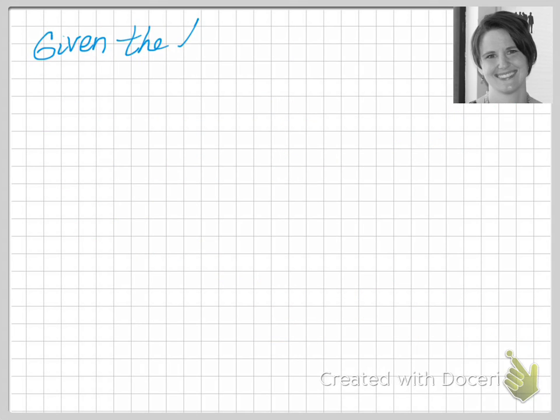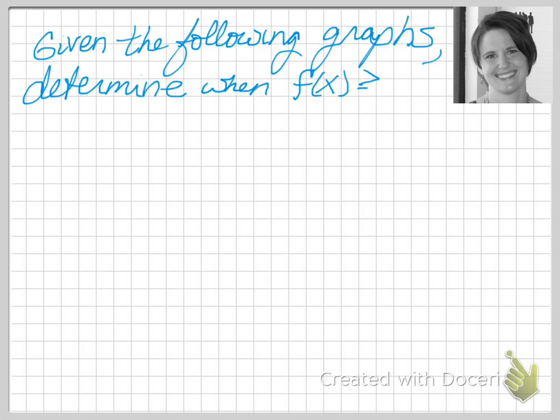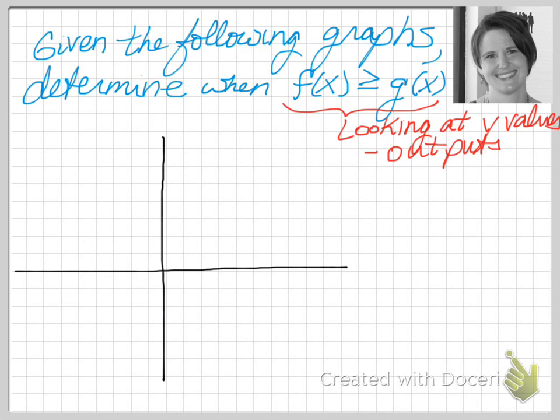The last application we want to do is comparing linear functions. When is one line bigger than another line? Here we are looking at the y values, or the output values. So when are the outputs for f(x) bigger than g(x)?